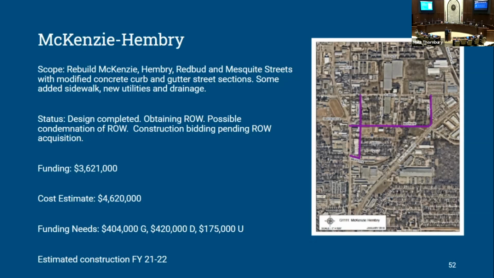The project is pretty much completely designed. We're at the point now where we're obtaining right-of-way. We've obtained some of the right-of-way. I can tell you that on this project, it's very likely we will have a property condemnation. So with that, it's hard to say when we're going to be able to start construction, because we obviously don't want to bid it till we have all of our right-of-way sewn up.